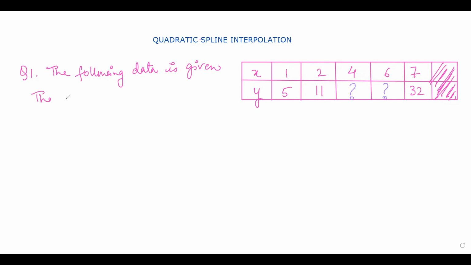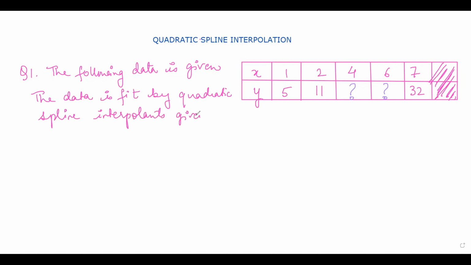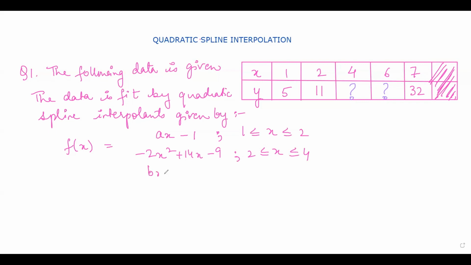So the data is fit by the quadratic spline interpolants given by f(x) equals a x minus 1 from 1 to 2, then minus 2x square plus 14x minus 9 from 2 to 4, then b x square plus c x plus d from 4 to 6, and lastly 25x square minus 303x plus 928 from 6 to 7.